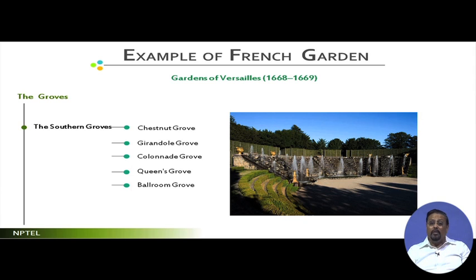Then the French landscape also introduced certain elements which were not very distinct or dominant in the Italian landscape styles, essentially furniture: intricate small furniture, garden chairs, balusters, planter pots, and bird baths. All these were introduced by the French. And the grand fountains, multiple fountains, became important elements of the French landscape styles.